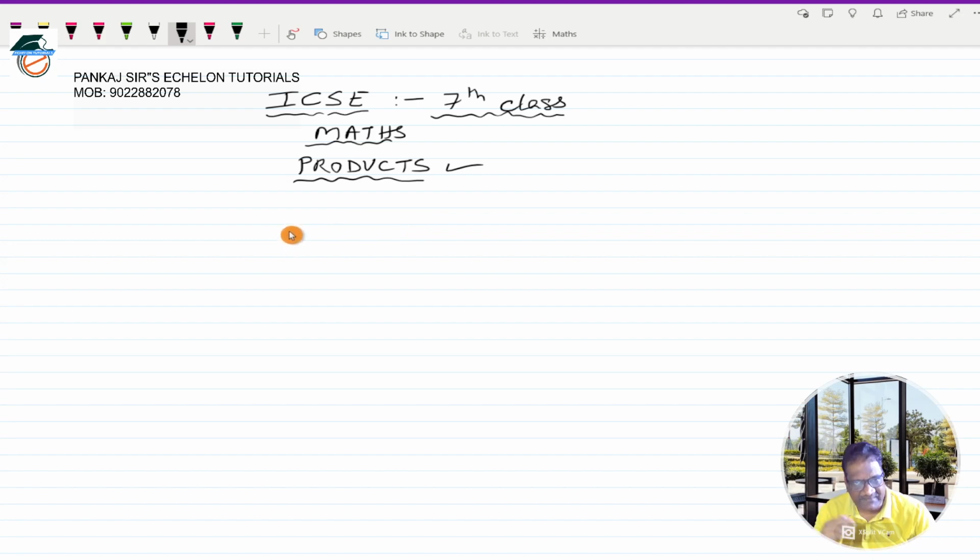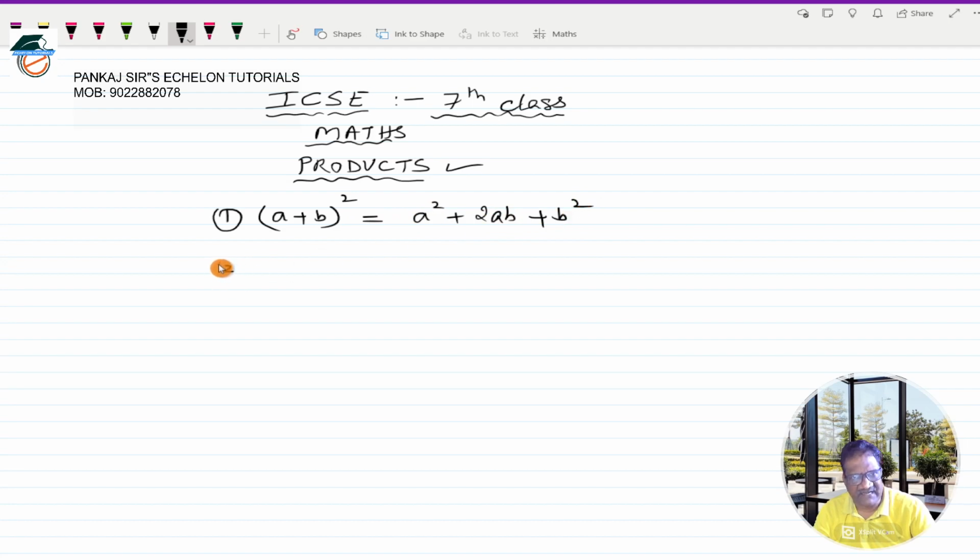Let me go back to the highlights of the last session. In the last session we concluded that there are certain identities. Number one was a plus b the whole square. When we expanded it, we got the answer as a square plus 2ab plus b square, isn't it?